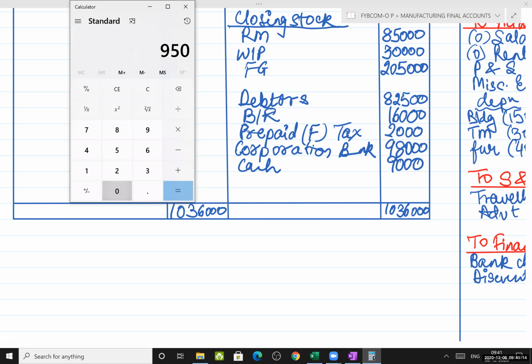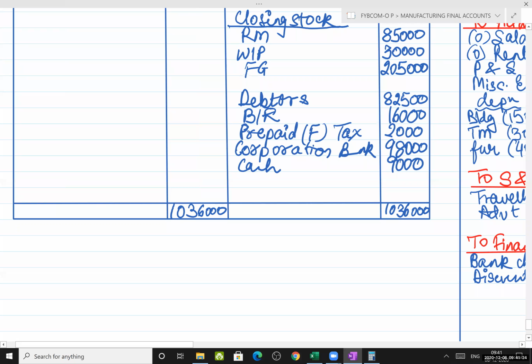It was how much? 9 lakh 50 plus 52 plus 34. Okay, so 10 lakh 36 on the liability side. If you total the asset side also, you will get the same answer. Okay, fine. So it was an easy sum.